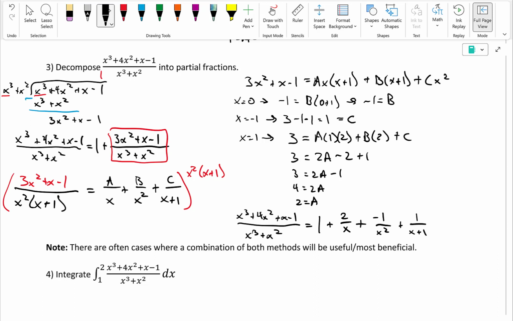All right, and so note here, there are often cases where a combination of both methods will be useful or most beneficial. I didn't end up doing that here, but we'll see it later.